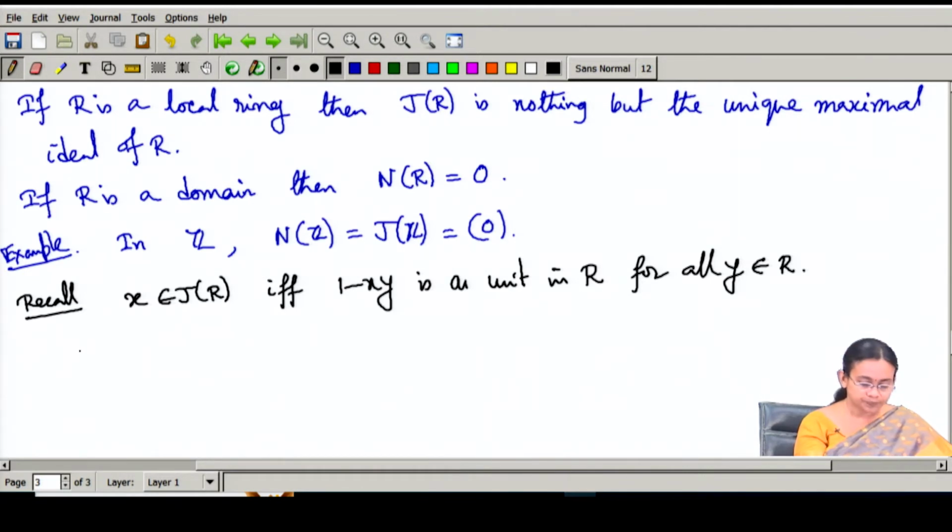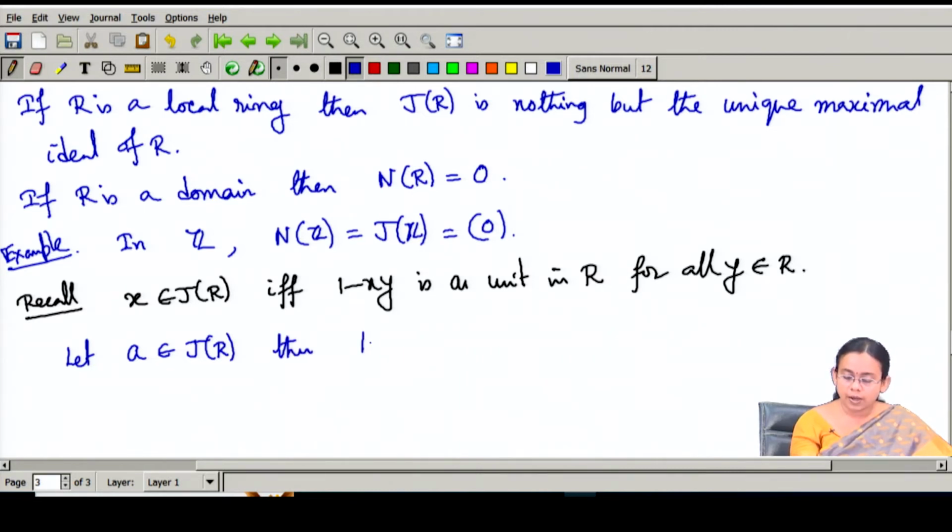So let a be an element in the Jacobson radical of Z. Then 1 minus 3a is a unit in Z, because using this characterization 1 minus xy should be a unit for all y.